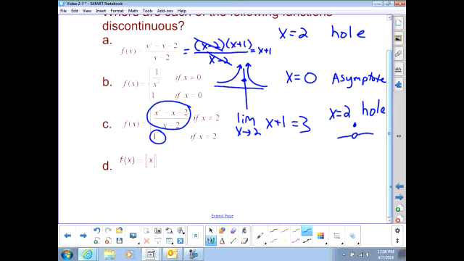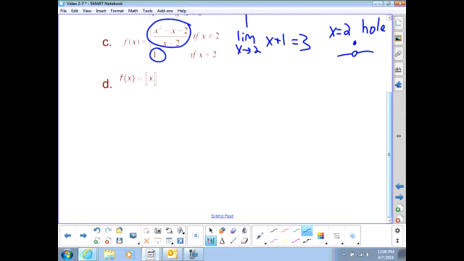Now our last one, this is the greatest integer function that we saw earlier this year. Our y values took on the integer that was less than or equal to the x value you were working with. So for example, 1.1 would take on a 1, 1.4 would take on a 1, and so forth.